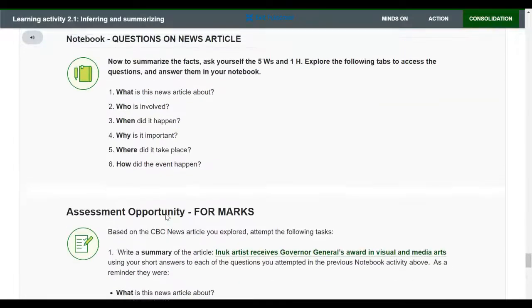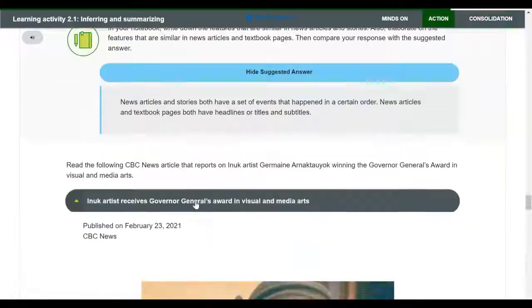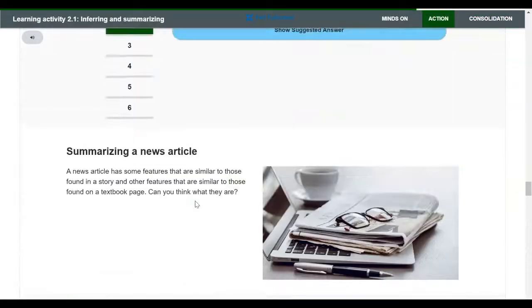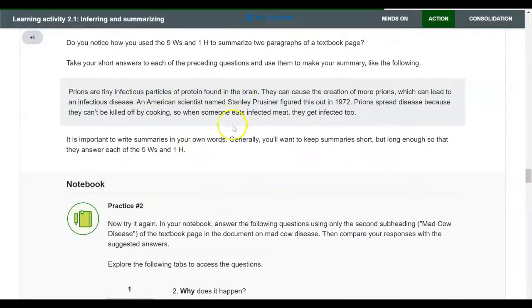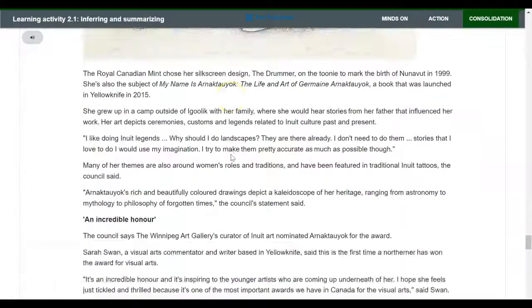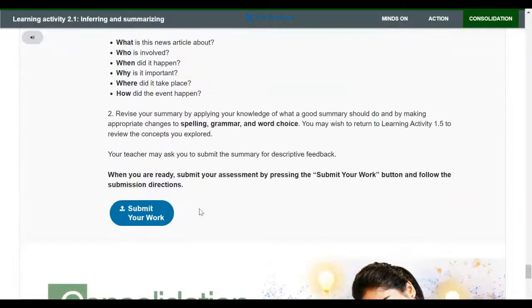You're not just copying what is written exactly in the article. And again, for summaries, you can look up here and see what some of the summaries are. It shouldn't be super long, but you should be making sure you're answering each one of these questions. And then you're going to submit it here.